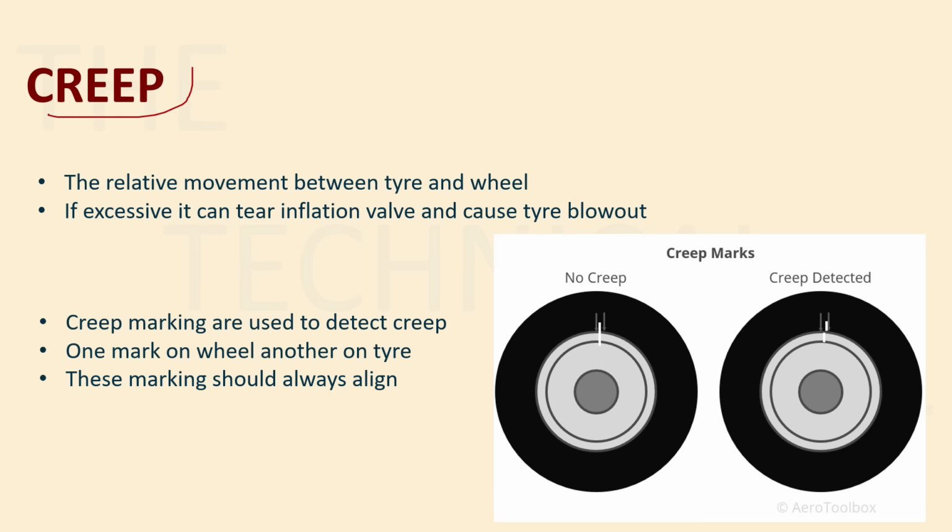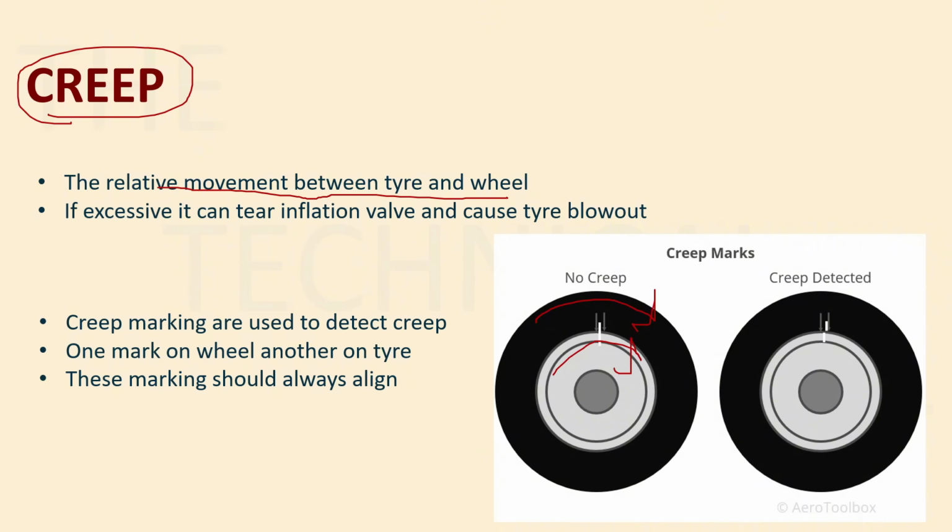Then you have something known as creep. Creep is the relative motion between the tire and the wheel. As I already mentioned, this particular portion is your wheel, and the black portion surrounding it is your tire. In normal cases, your wheel should move with your tire.